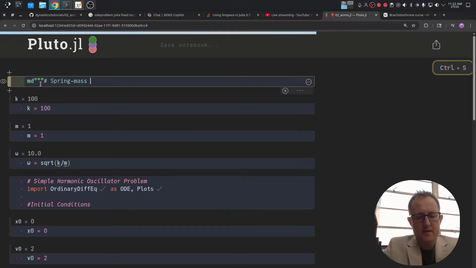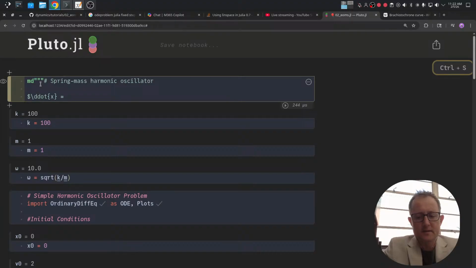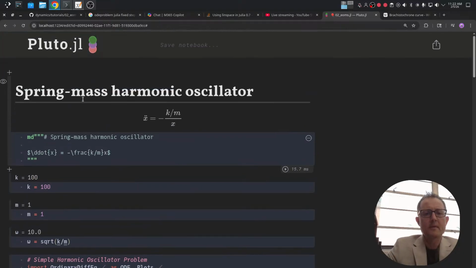Spring mass harmonic oscillator. So x double dot equals negative k over m times x.